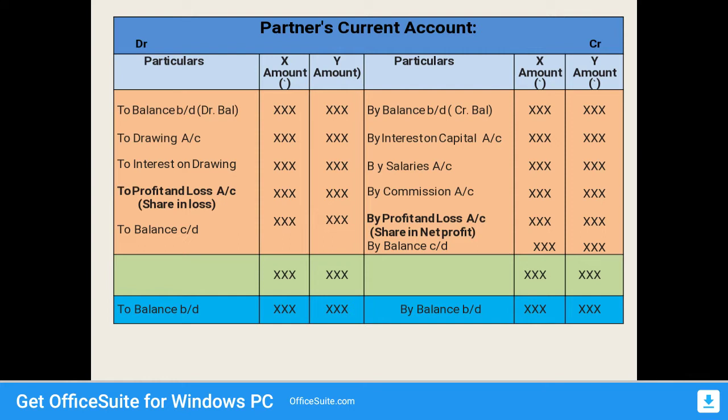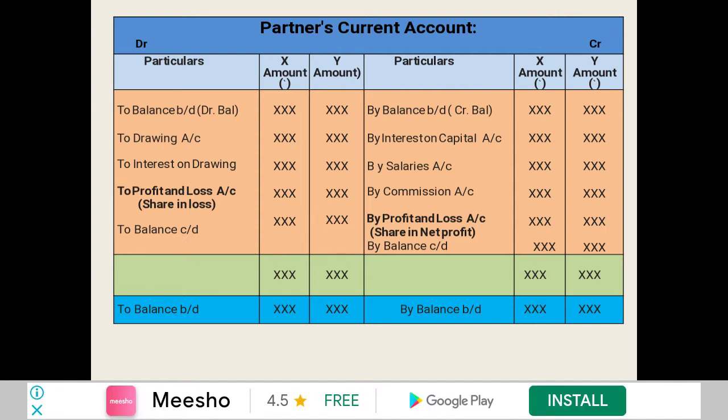Partner's current account credit side: by balance brought down, given as per the trial balance; by interest on capital, interest paid to the partners on capital; salary or commission paid, recorded on the credit side of the partner's current account; and lastly profit and loss account, share in net profit, the amount transferred to the partner's current account credit side.